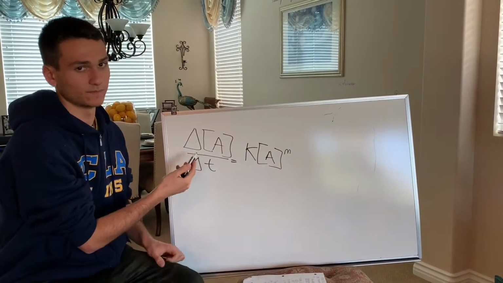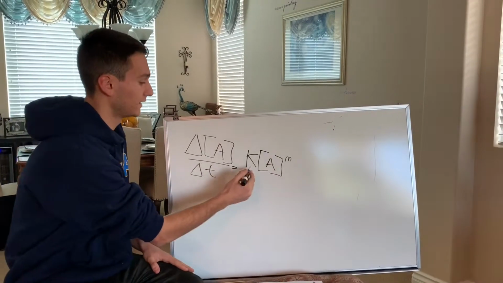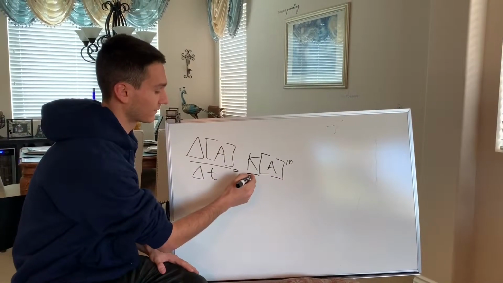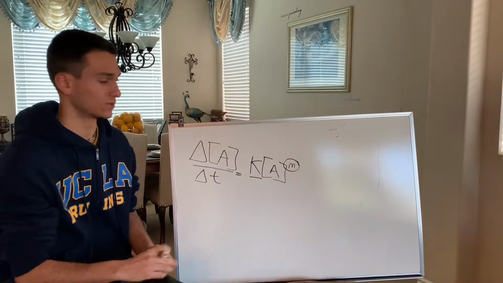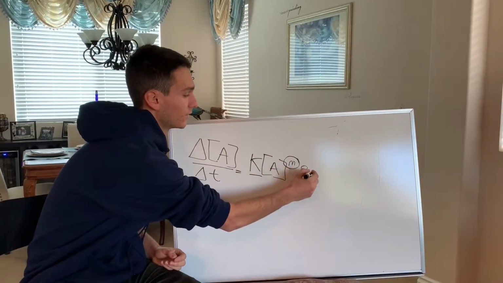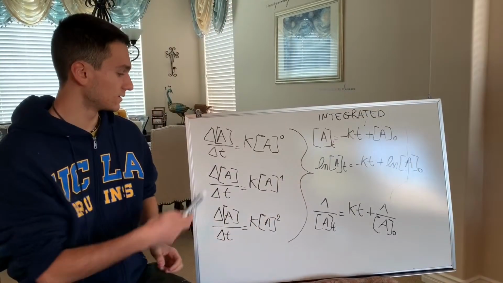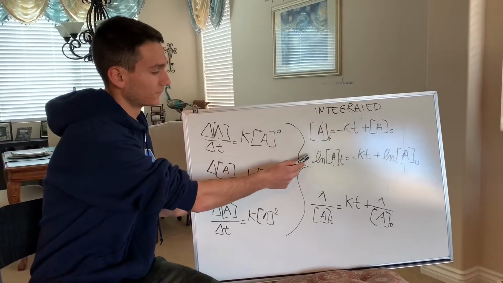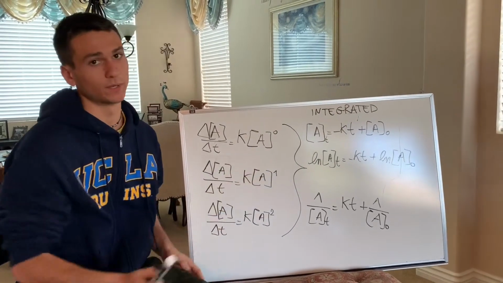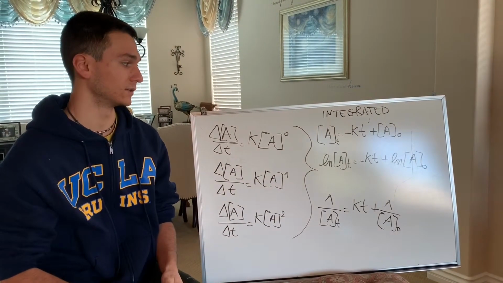Here's the rate that we have just described before. Here is the rate constant, and this indicates the order of the reaction, which can be either 0, 1, or 2. So these right here are the rate laws, and here are the integrated rate laws, integrated with calculus.